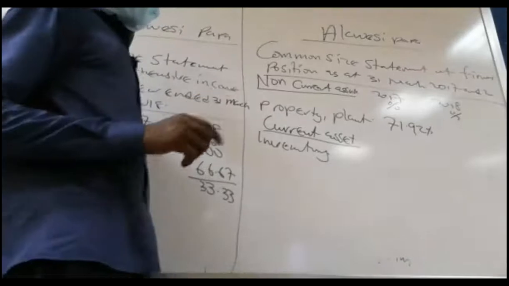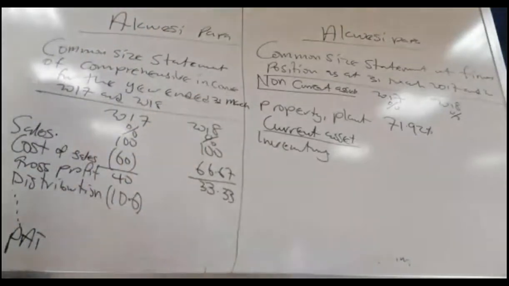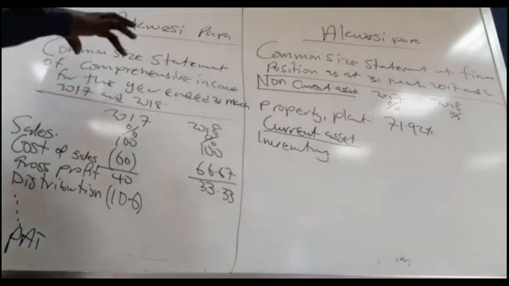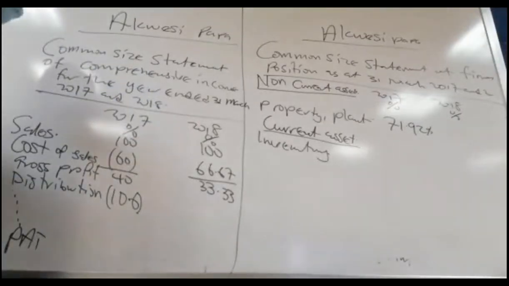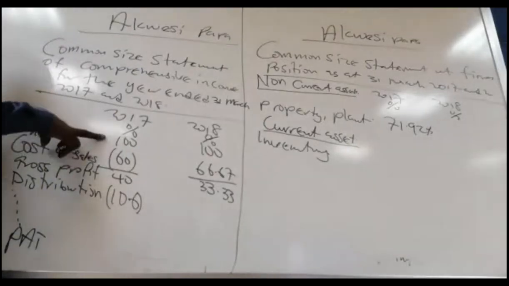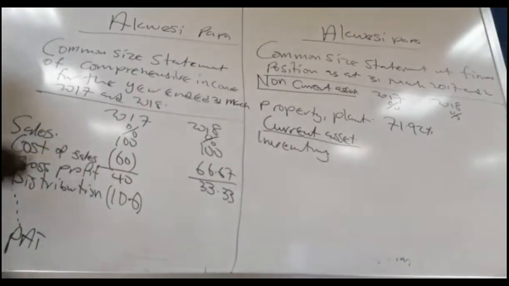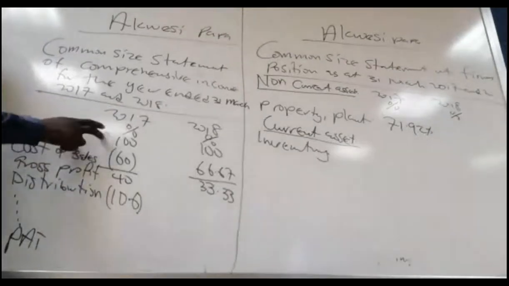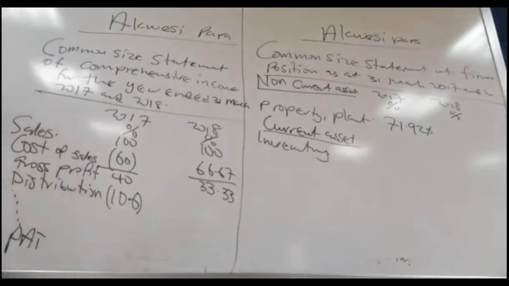When they give 1 year, they're just looking for what you call a descriptive essay. They're just going to describe the numbers, the percentages. Cost of sales represents 60% of sales, and therefore gross profit represents 40% of sales. That's all the analysis.